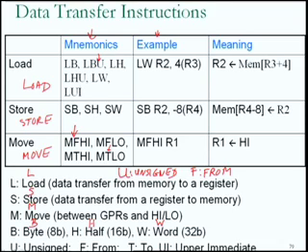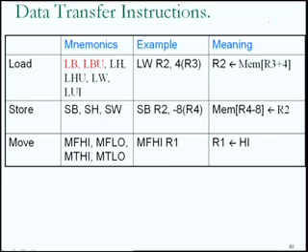And then finally, there is UI, which stands for upper immediate. Right. So with this terminology explanation, L stands for load, S for store, M for move. B, H, and W stand for byte, half word and word, and then unsigned, from, to, and upper immediate. We can look at the instructions one by one.